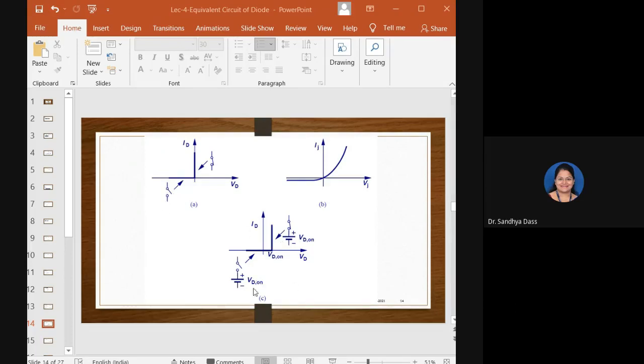Whereas in the approximate model, we replace it with the voltage source required to allow the current to flow, that is 0.7 for silicon diode and 0.3 for germanium diode. And in reverse bias we ignore it, because the reverse current is very small.